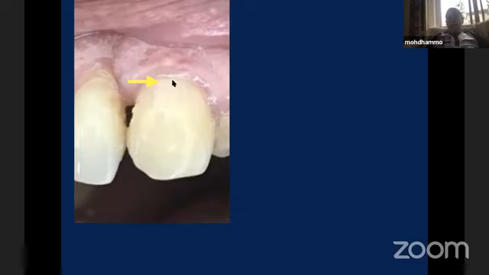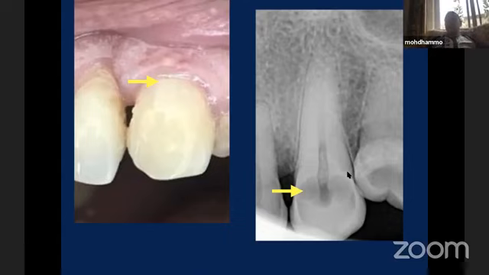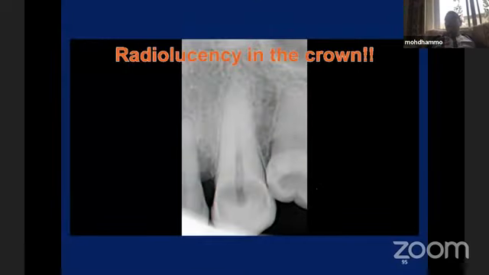When I took my periodontal probe, there was a little bit of bleeding here. I took a periapical X-ray, and you can see here radiolucency. So why do I need to take a cone beam? I need to know the extent of this resorption. And you can compare between the two-dimension X-ray and the CBCT.